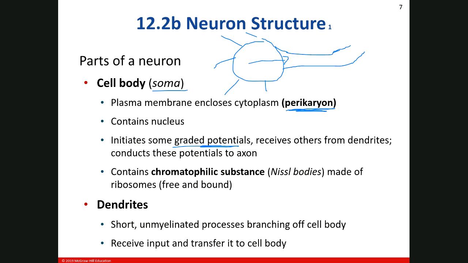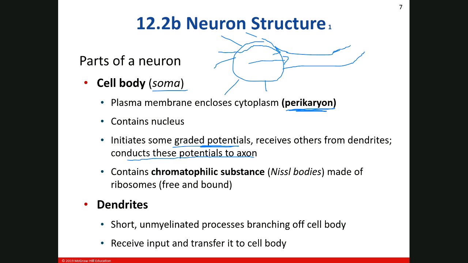Somehow you can get a signal over here, but we've got to get it all the way over to the axon, and that will start what we call an action potential, our nerve signal. We want to conduct these little signals to the axon. We'll get there somehow.